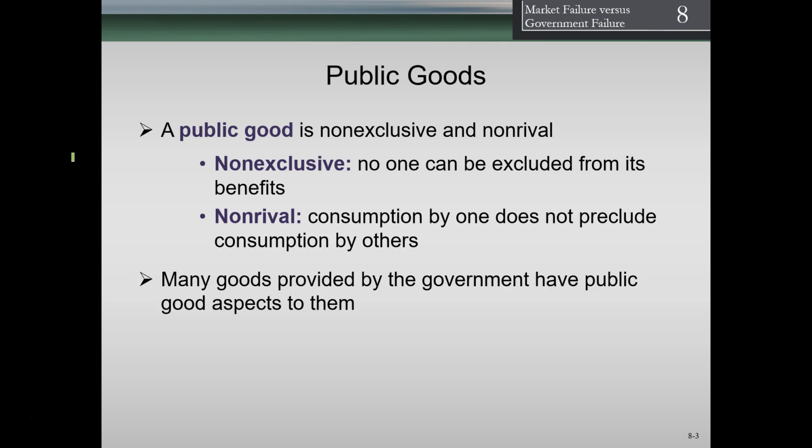So many goods provided by the government have public good aspects to them. A lot of things that we see the government doing are things that have a large positive externality, have this large free rider problem, which means they are closer to having public good elements a lot of times. We talked about the lighthouse, for example.